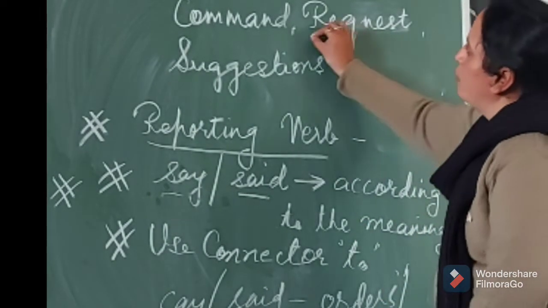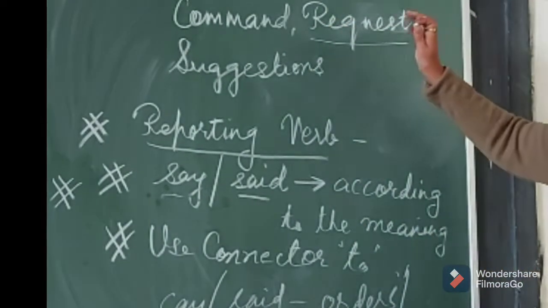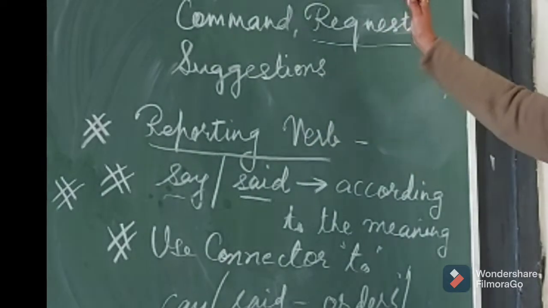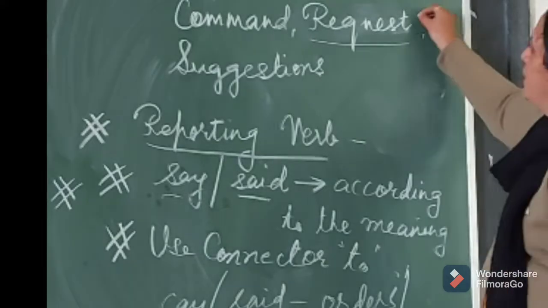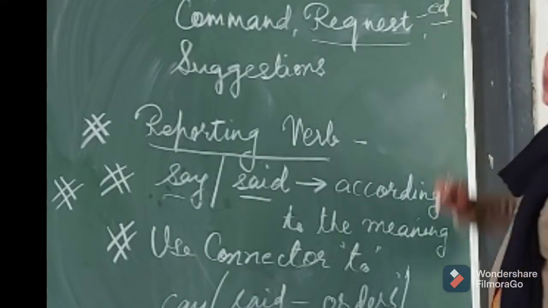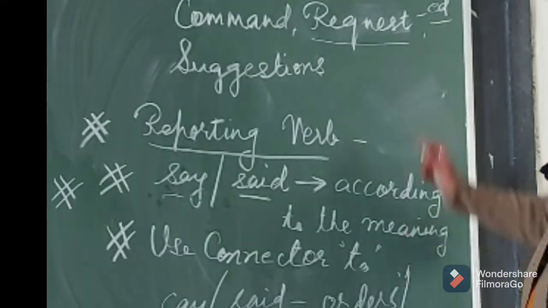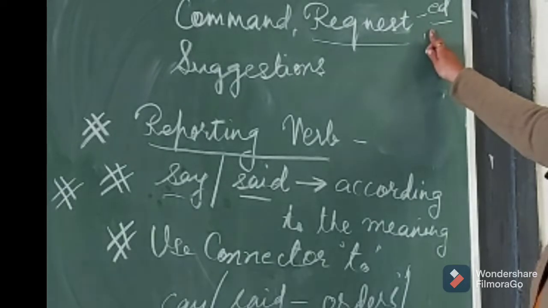In the same way, if you find a requesting form in the imperative sentence, then you would change that into requested. You will use the second form of the verb.